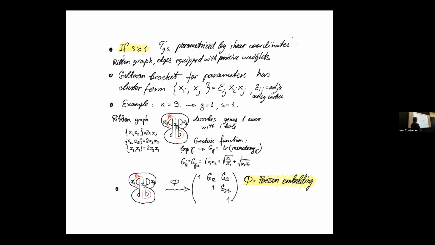They parameterize the monodromy matrices around these loops. If you take traces of these monodromy matrices, we obtain so-called geodesic functions, which have nice expressions in the parameters xi. And here, when we take this surface to such a 3x3 matrix, it's a Poisson embedding.